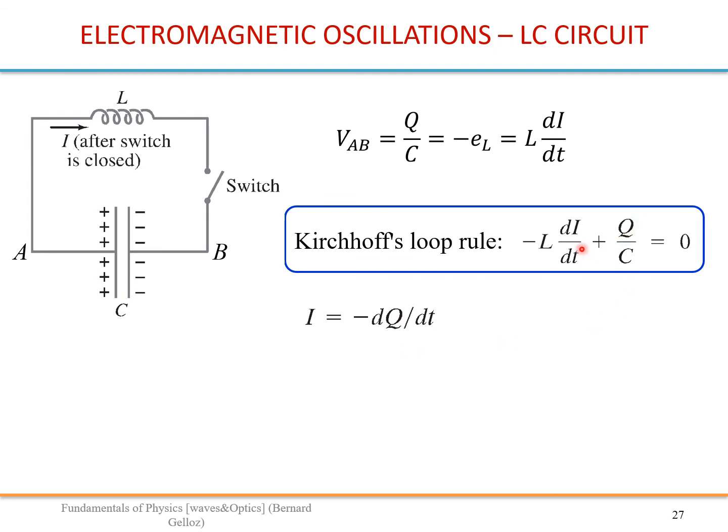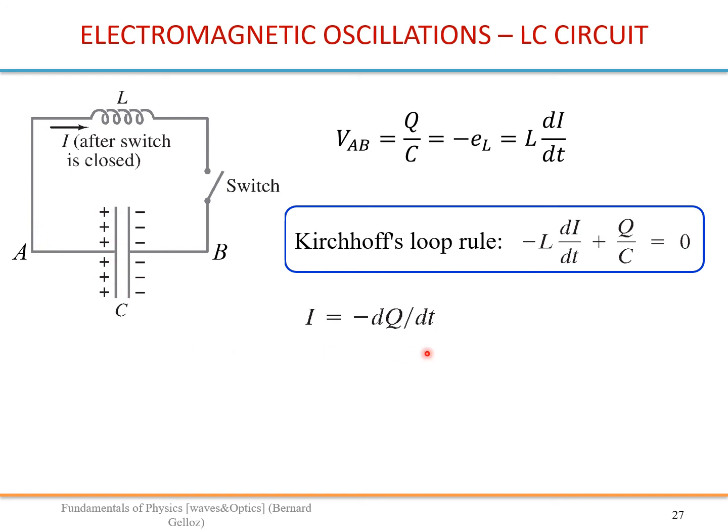Now we have Q here and I here, so we have to get rid of I. I is minus dq dt. In our convention the positive current is supposed to run in this way. So in order to have that, we need to put a minus here, because when Q is decreasing here, the current is going this way.